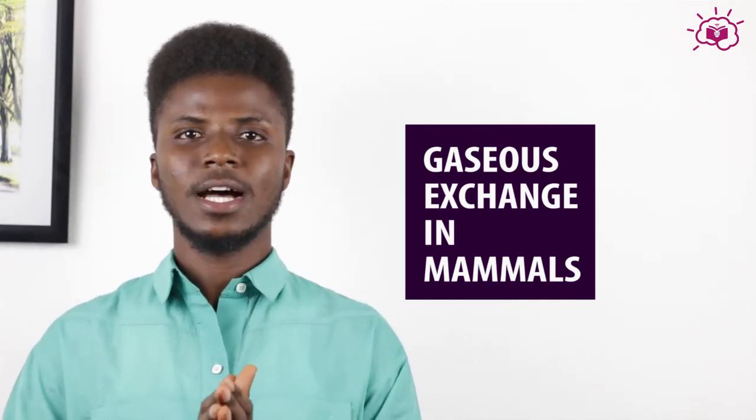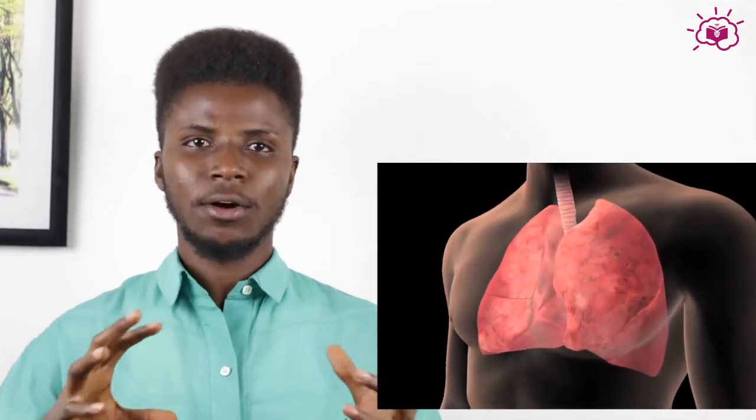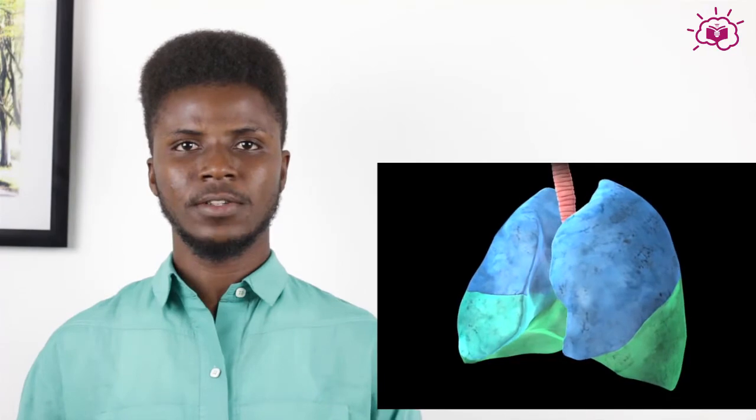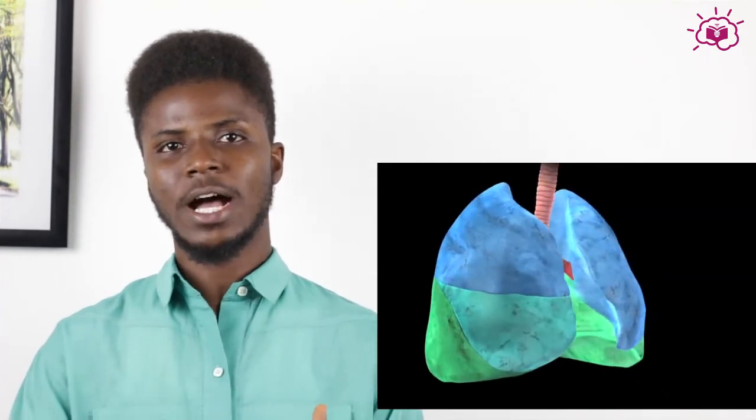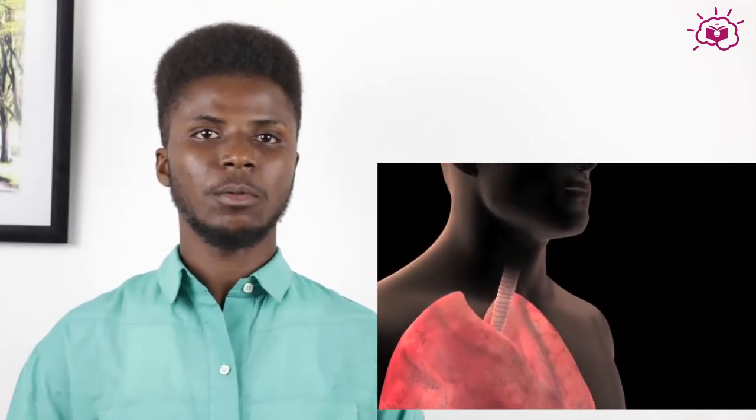Now in the lungs there are some small air sacs known as alveoli. These alveoli are where gaseous exchange takes place. The lung is more like a bag of sponge with all these alveoli inside of it that enables it to absorb oxygen from air and to also release carbon dioxide into the air.